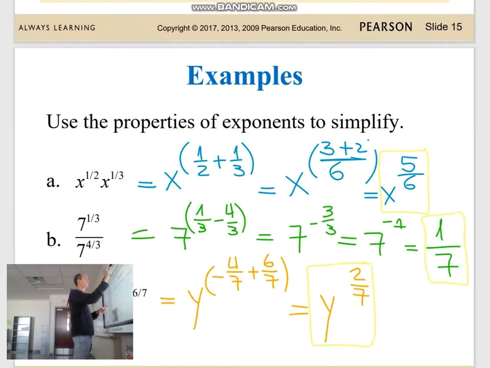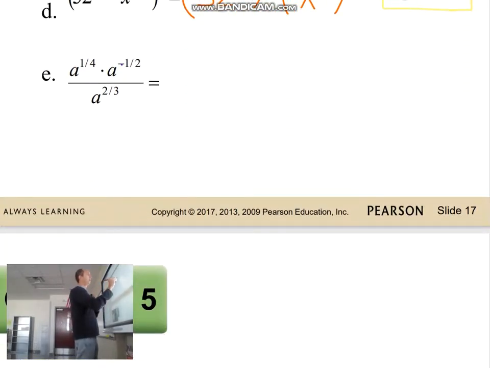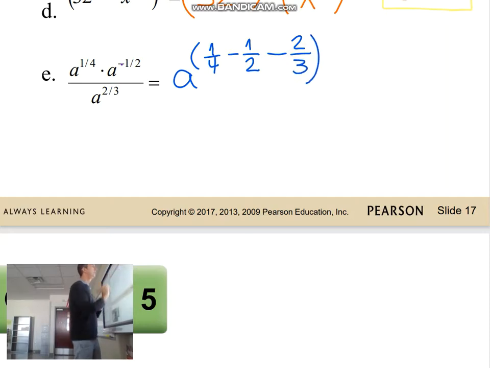Okay, so A, this one, 1 over 4, we will add to negative 1 over 2. So add 1 over 4 plus negative 1 over 2, minus 1 over 2. And this exponent here at the bottom, 2 over 3, we will subtract from the ones here at the top.